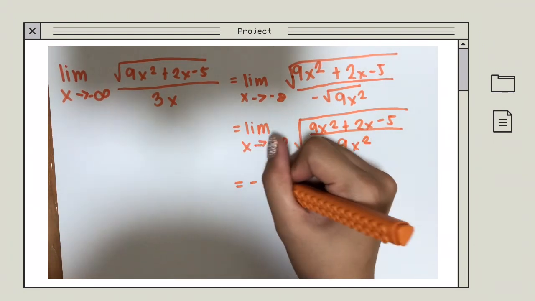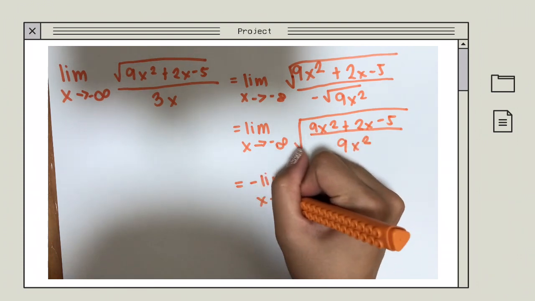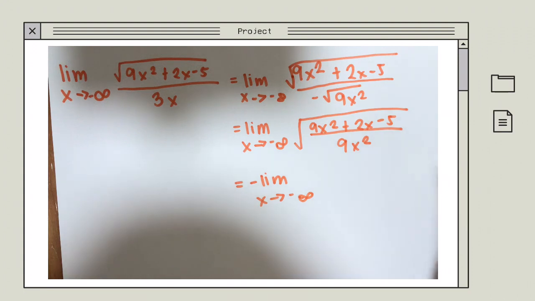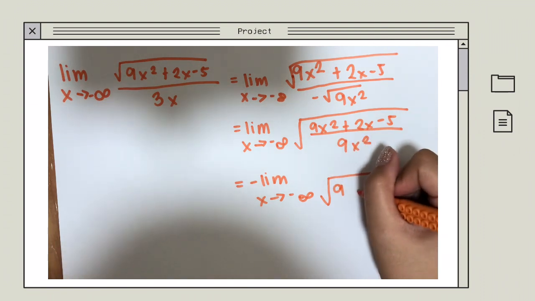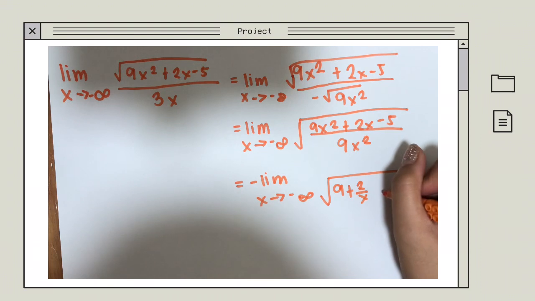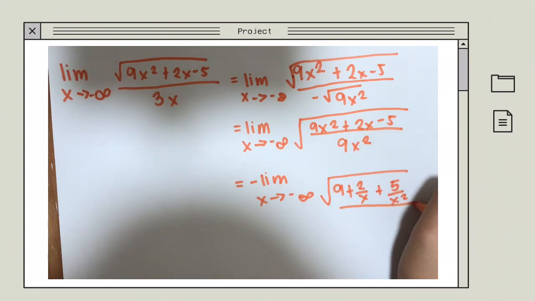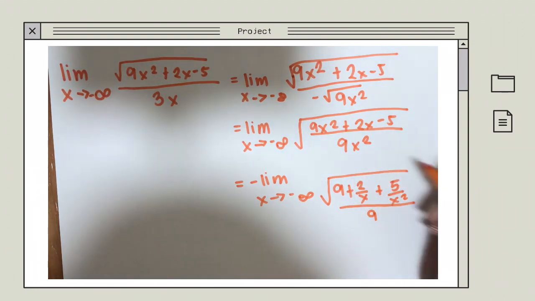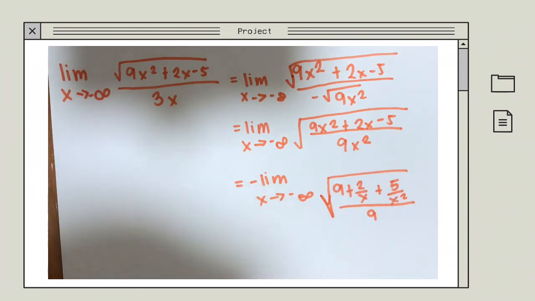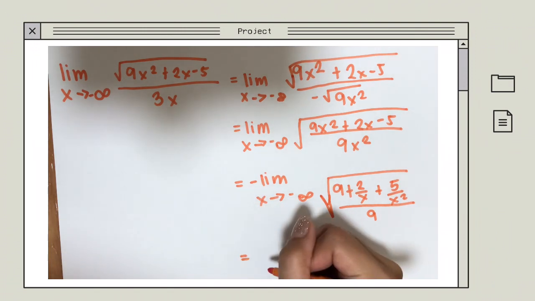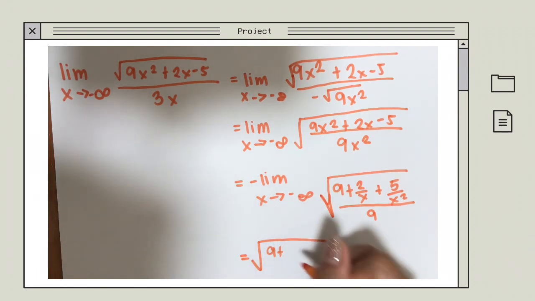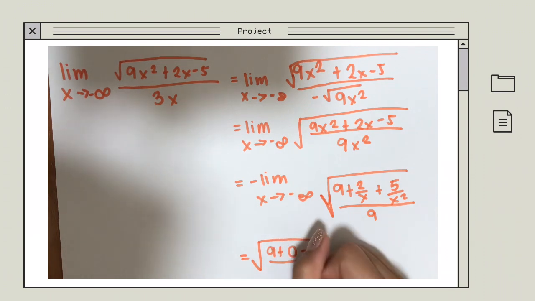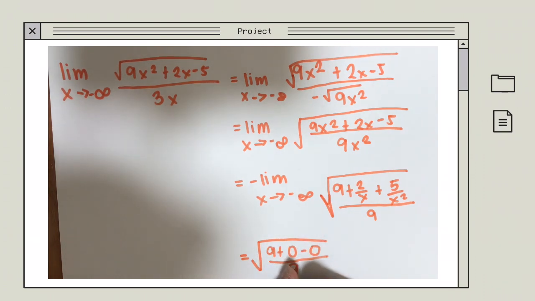Then, negative the limit as x approaches negative infinity of the square root of 9 plus 2 over x plus 5 over x squared over 9. And the last, it will be 9 plus 0 minus 0 over 9, and the answer will be negative 1.